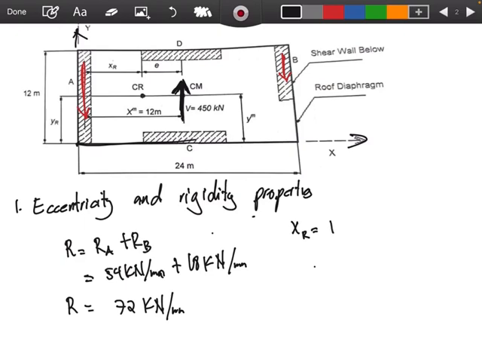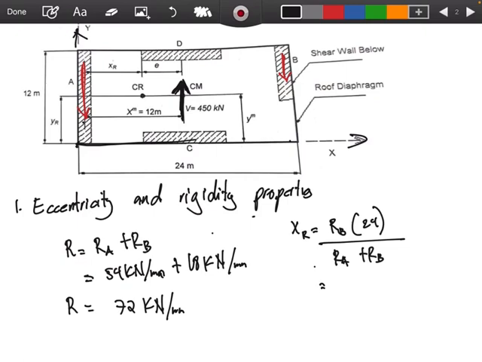So, yung rigidity mula dyan, RB times the distance niya mula dito, that is 24 over yung total ng RA plus RB. Kasi i-consider natin na yung sa A ay 0 na yan.